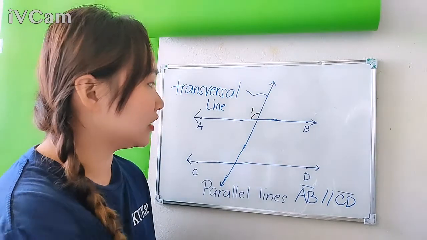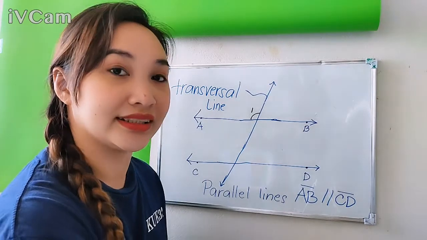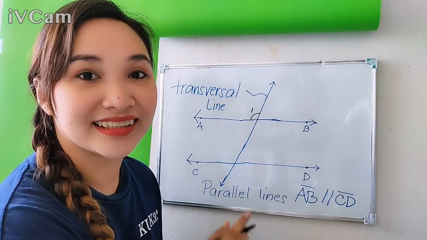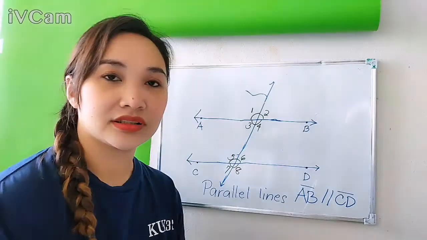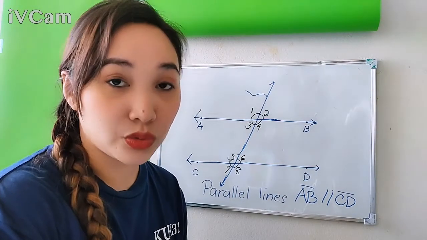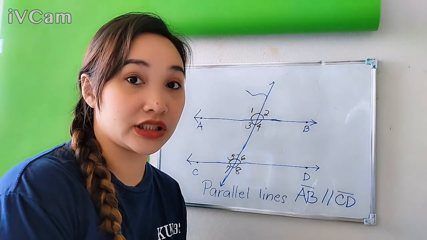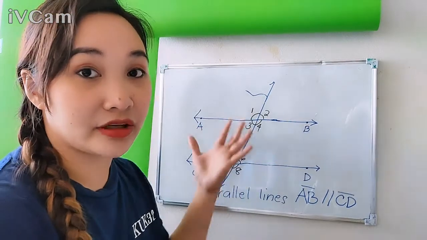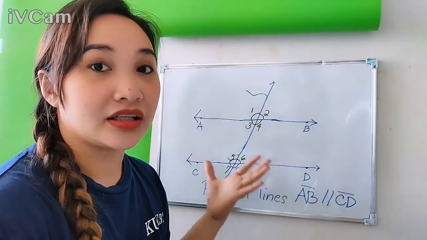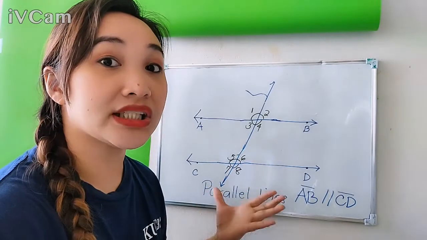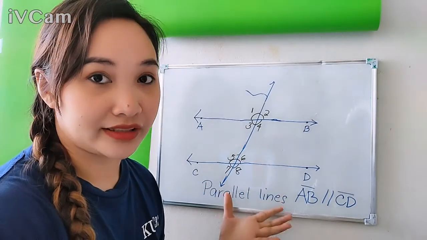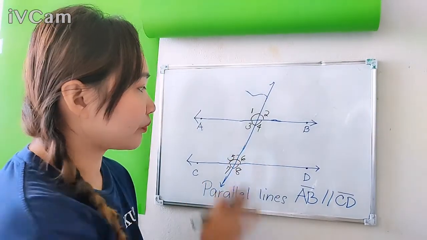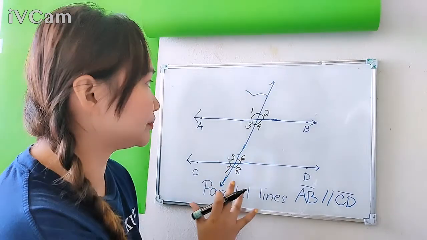Now, the angle in the same position as angle 1 is the corresponding angle. Corresponding angles are those angles in the same position. So let's try to identify in this given parallel lines which are corresponding angles.